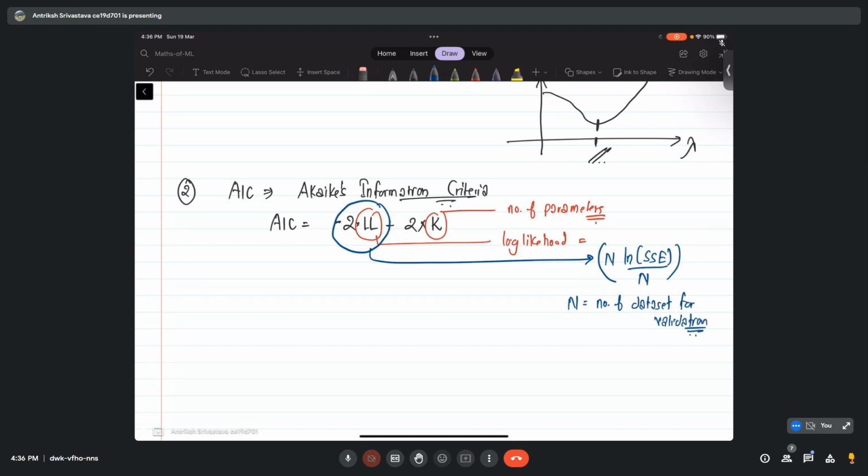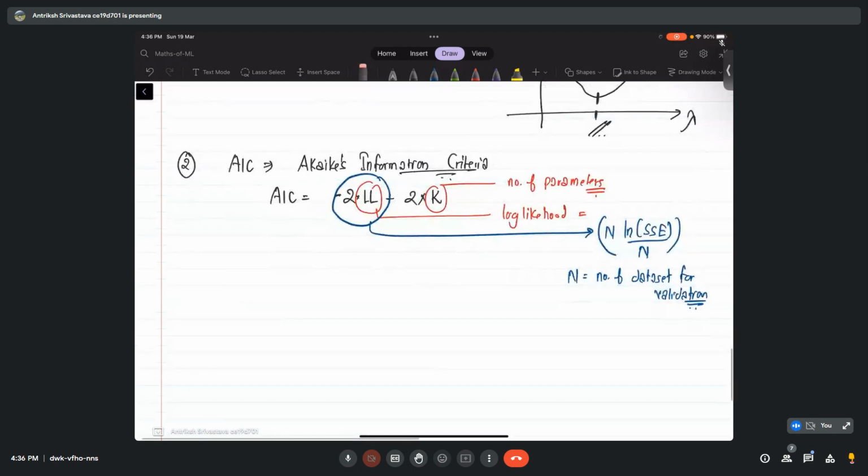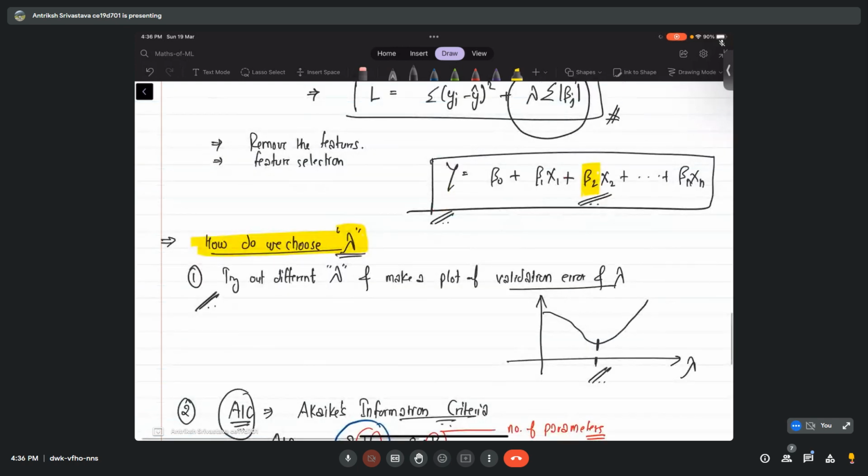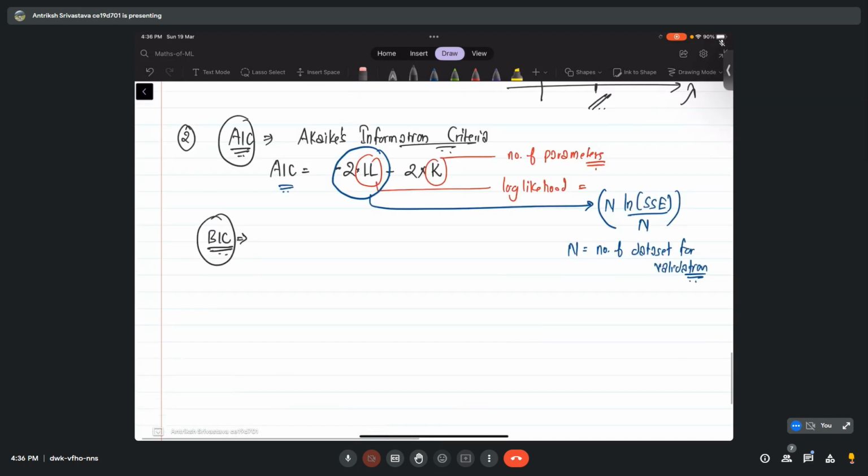And SSE is just the sum of squared errors that we have seen above. So this is the AIC. We will not go into the detail of how this works, because these two quantities are just used for selecting lambda, which is not even that important. You can select lambda from the trusted old method of just trying different lambdas, so we'll not go into much detail. I'll just share the formulas of these things.